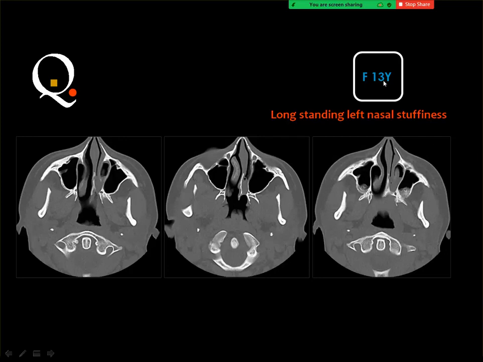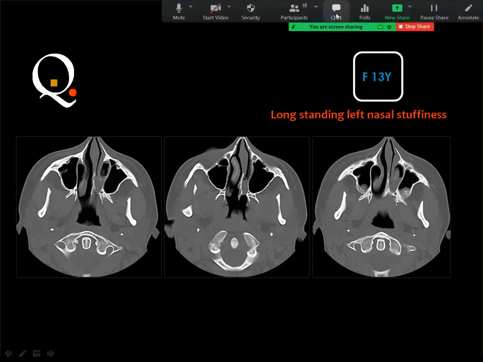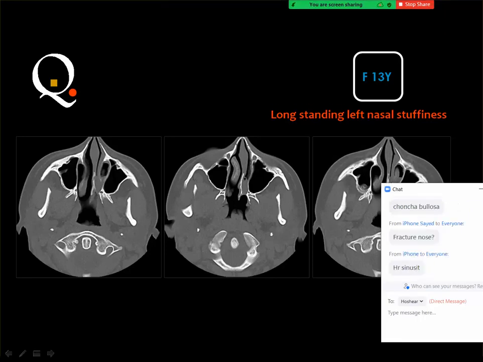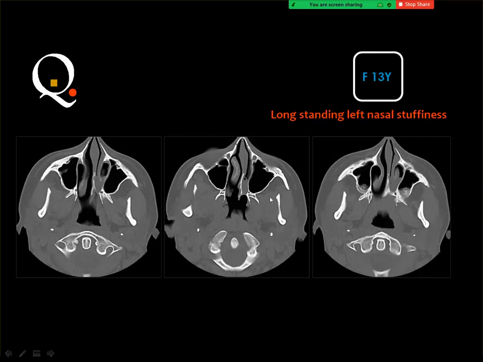This is a female child with long-standing left nasal stiffness. And concha bullosa, no, this is choanal atresia.